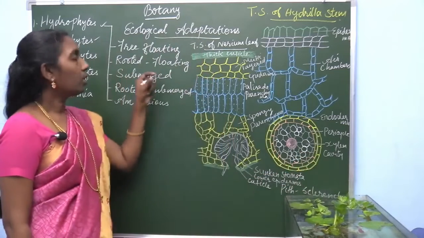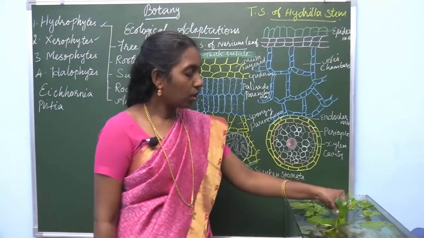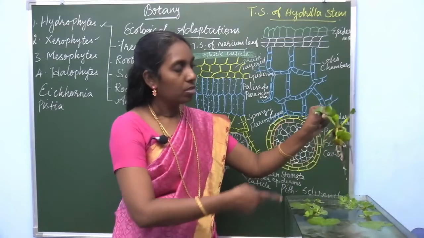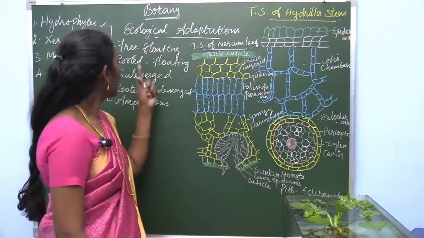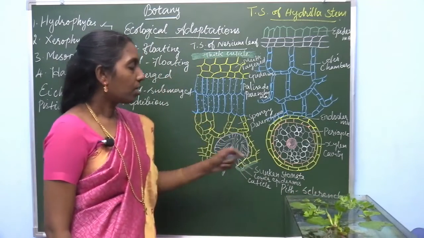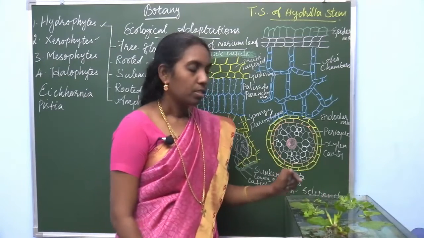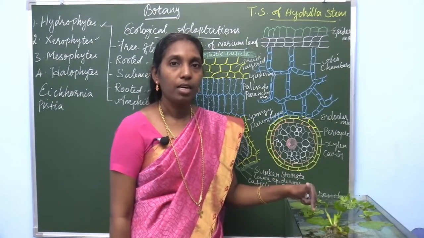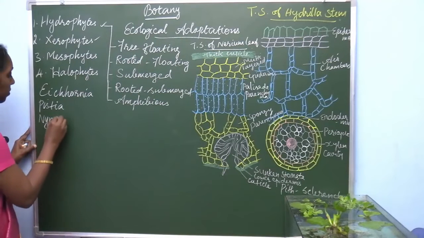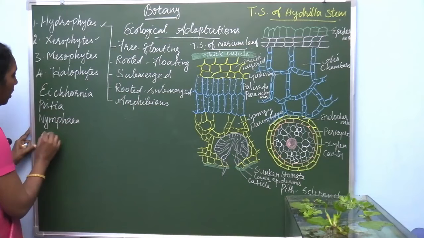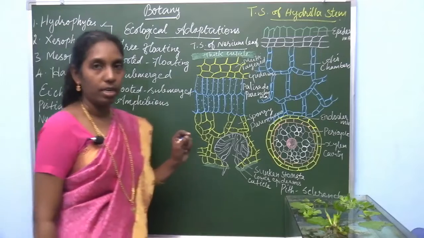Then rooted floating hydrophytes. Unlike free floating ones, there are some hydrophytes which are rooted in the soil. The example is Nymphaea and Nelumbo, that is water lily and lotus.